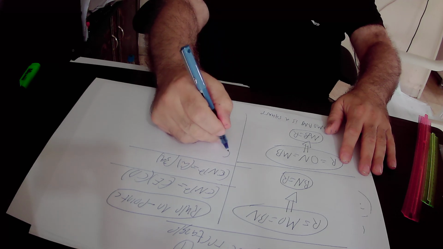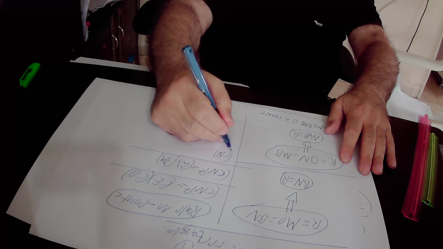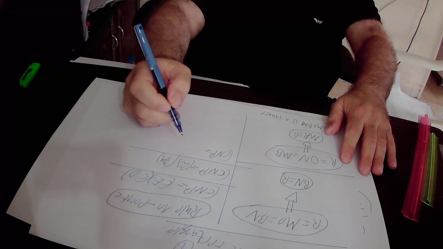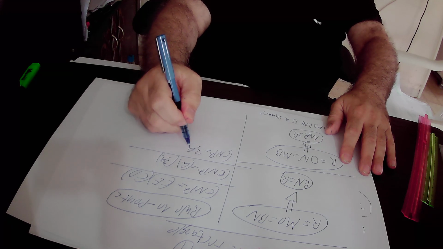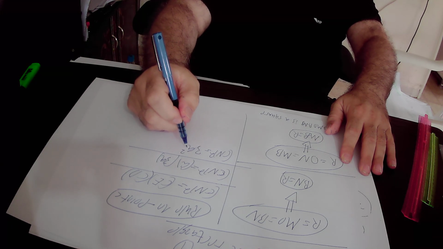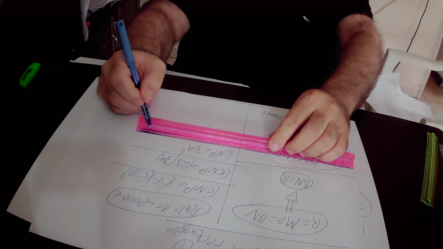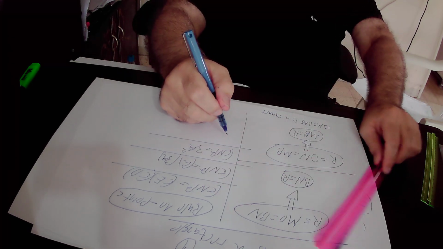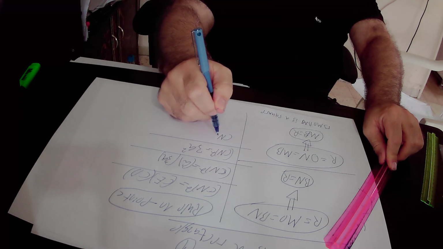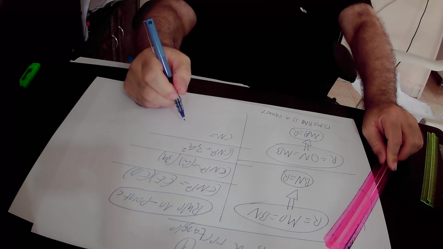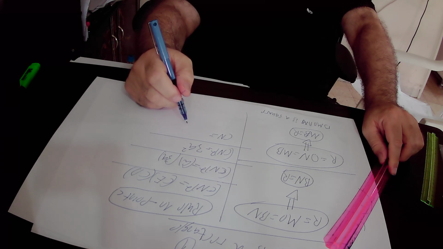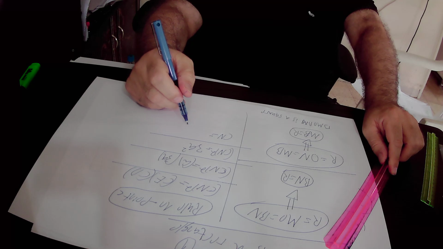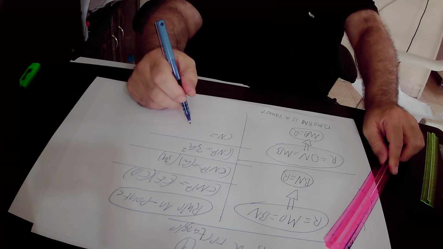So Cn squared equals A times 3A, which is 3A squared. Here we take the square root of this equation and we get that Cn equals the square root of 3A squared. The square root of A squared is A and the square root of 3 is square root of 3.